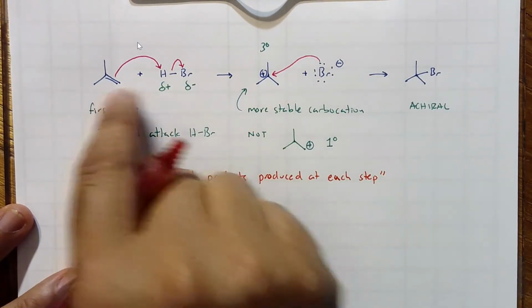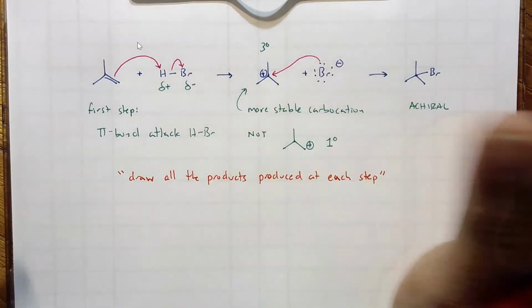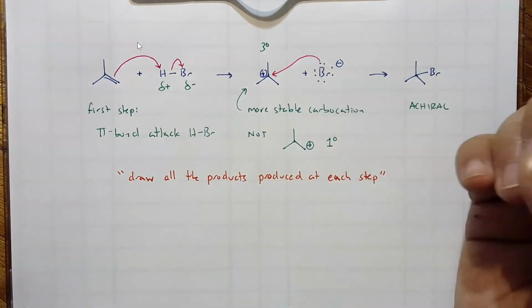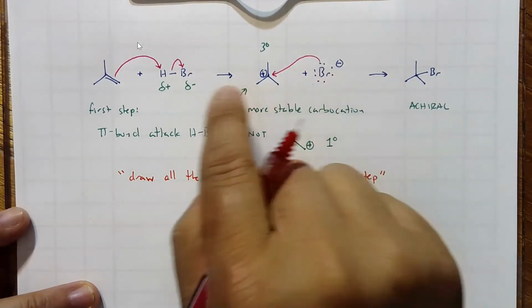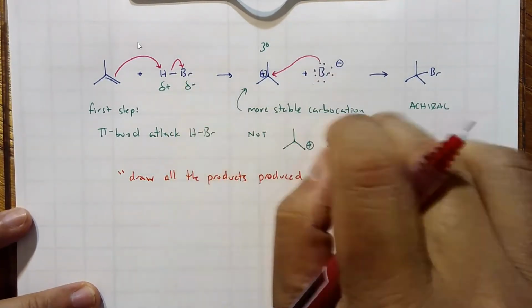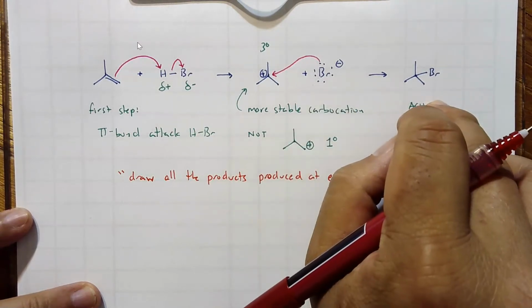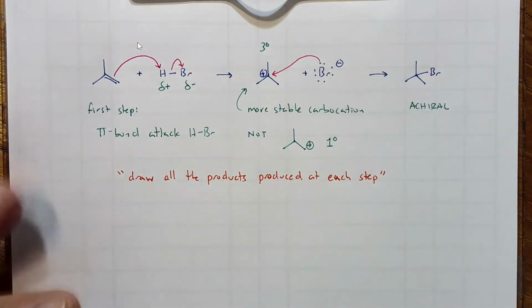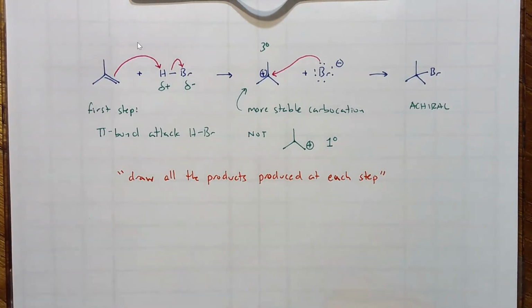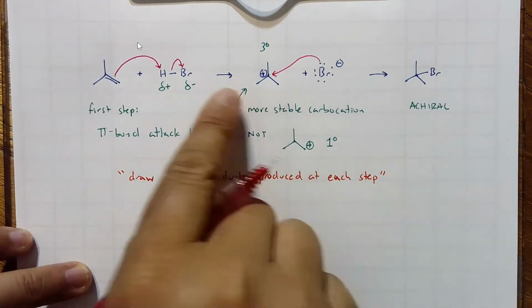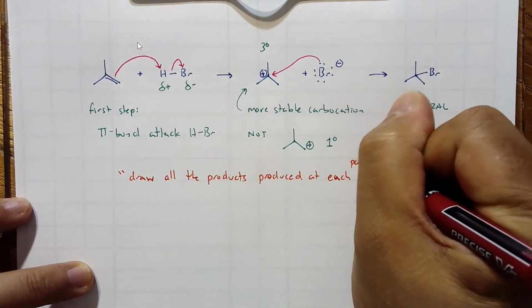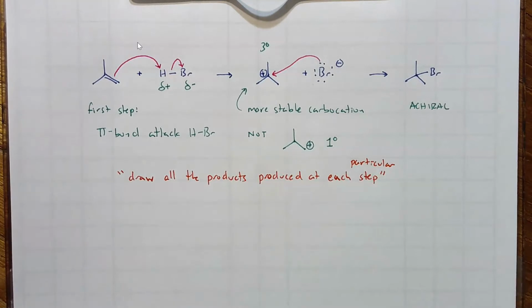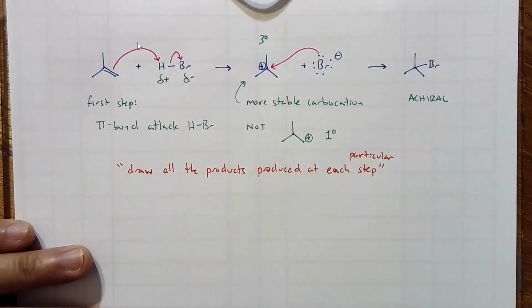Here I do produce a carbocation, and I draw it. I think that's convenient because you have these two react with each other. But there'll be times where you're drawing molecules that are a result of the previous step that are not used in the next step. When we get to more examples, you'll see what I mean, and I'll point out that I am drawing every single product of that particular step. Just store that away in your mind.